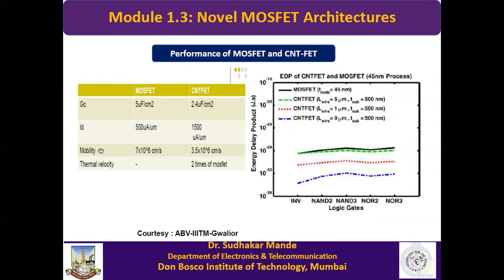Mobility you can see here, 7 into 10 to the power 5 centimeter squared per volt-second. Even though mobility is less here, because of the ballistic transport, it gives us better performance.